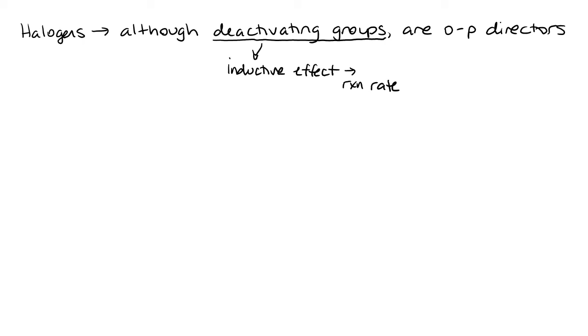So the halogens will make the rate of an EAS substitution a little bit slower because of the fact that they're deactivating groups. However, the fact that they are ortho-para directors has to do with the resonance effect. Okay, and the resonance effect influences the incoming group's position.